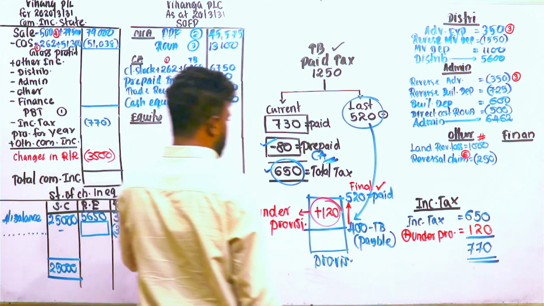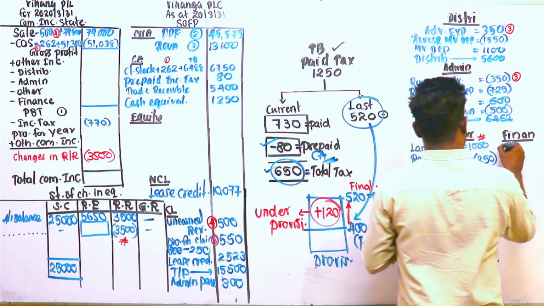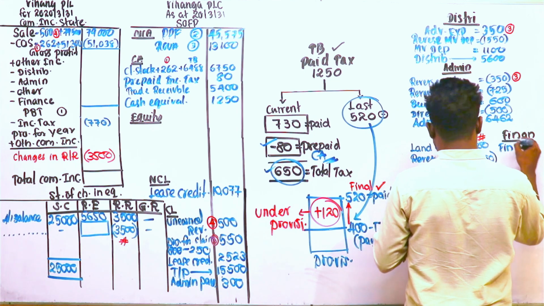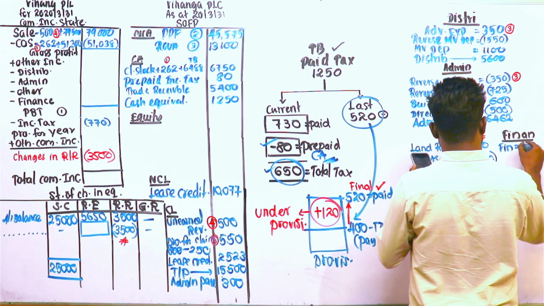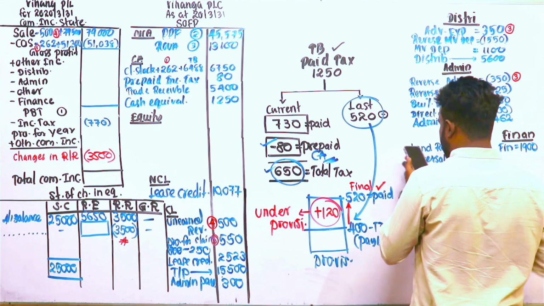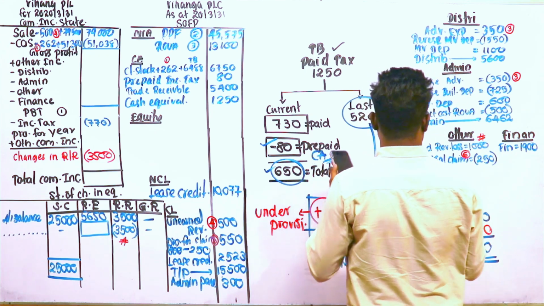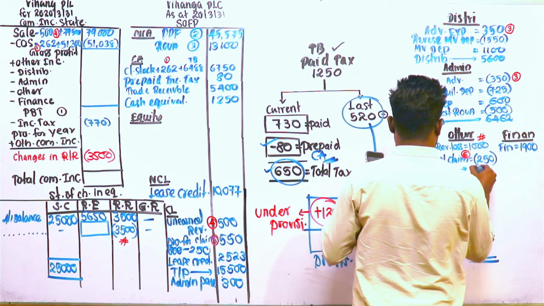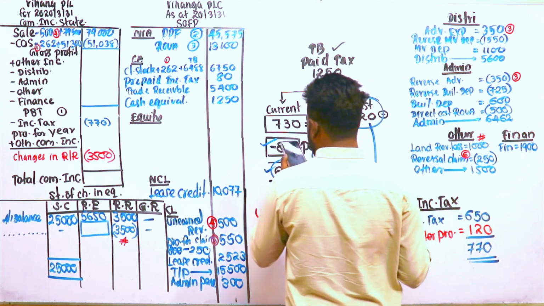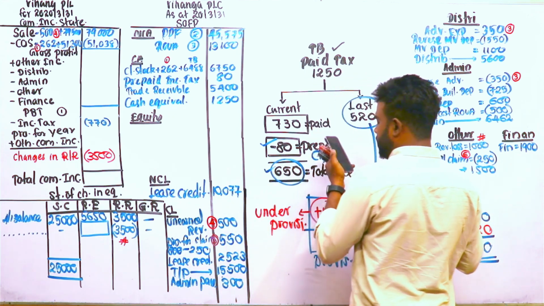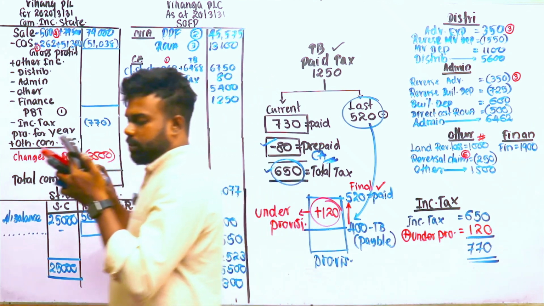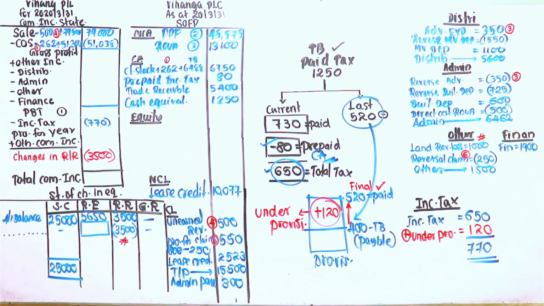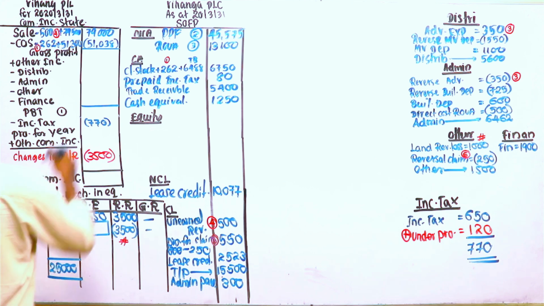Finance cost 1,009. Other expenses 1,500. Lease liability recorded. Income tax also recorded. Provision for income tax also finished, right? That's all. Try to balance. No other incomes.